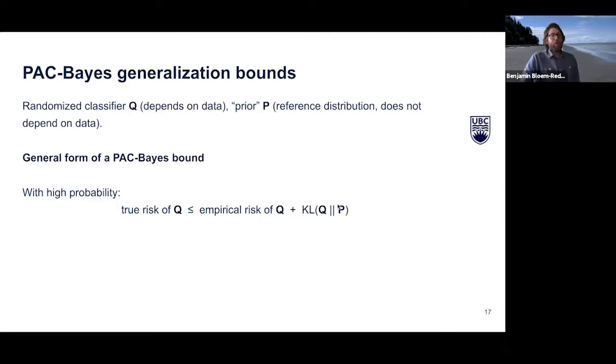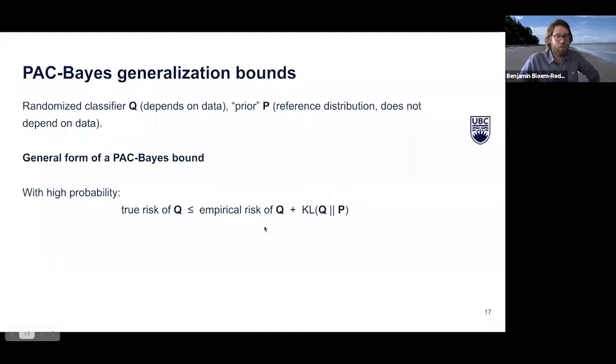The name of the game a lot of times is finding a reference distribution that gives us a small KL term. Especially with neural networks, our empirical risk is often close to zero or exactly zero, so in practice this KL term will dominate. It's also the problematic one for actually computing in practice, and I'll say more about this in a second.